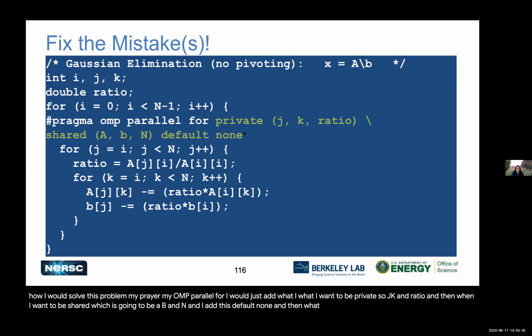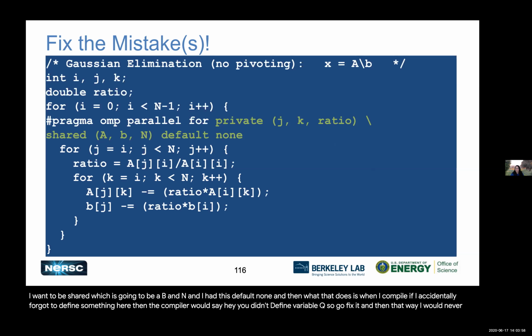And then what that does is when I compile, if I accidentally forgot to define something here, then the compiler would say, hey, you didn't define variable Q, so go fix it. And then that way I would never run into this kind of a problem.